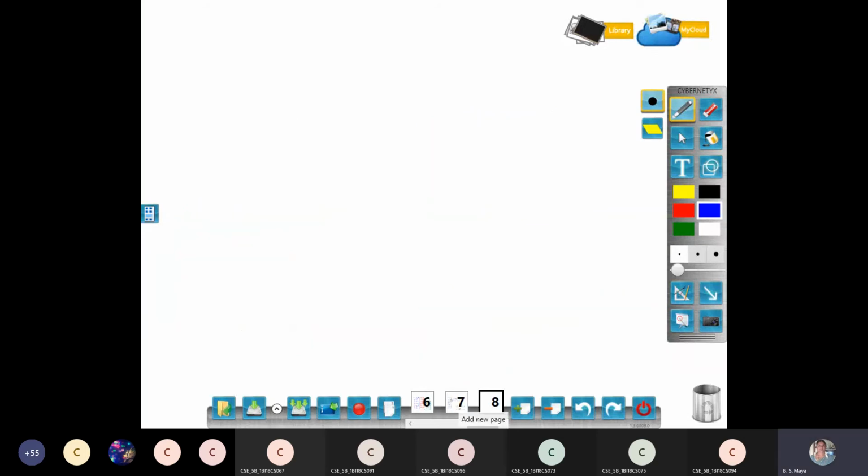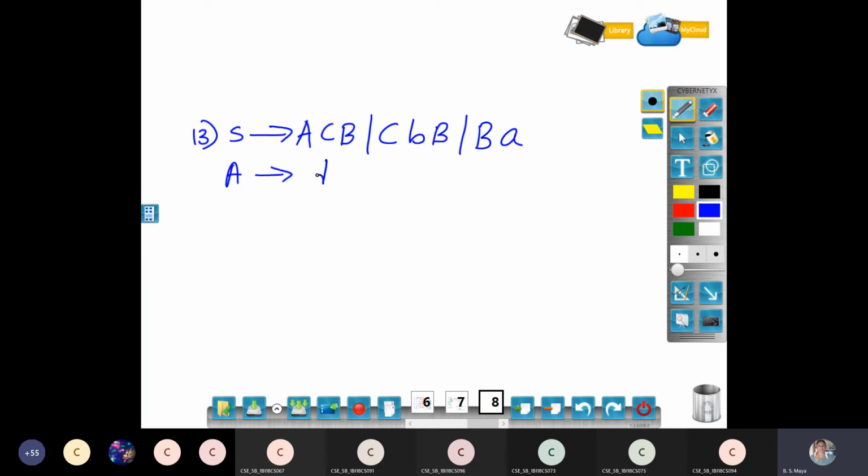13th problem. I gave an assignment for the 13th problem in Saturday's class. S goes to ACB or CB or B, and B goes to A. I got messages in the class that day, only three answers, and the three answers are correct.